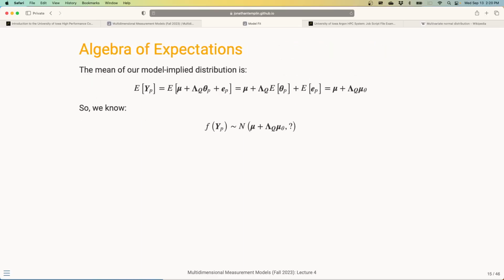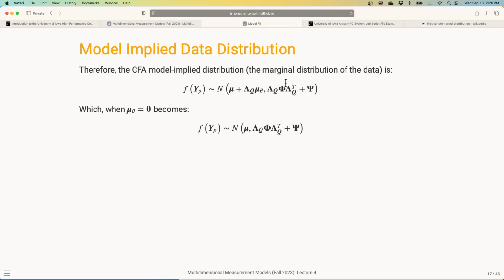So if lambda is number of items by number of dimensions, phi is number of dimensions by number of dimensions, right? So these two will make a product. Items by dimensions times dimensions by dimensions are multipliable. Then the last one needs to be transposed because that is now dimensions by items. And so the result of this is an item by item matrix.